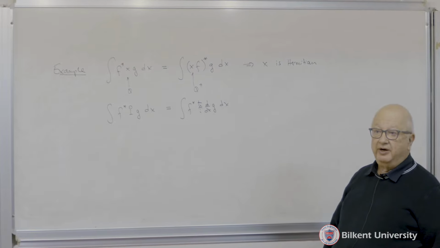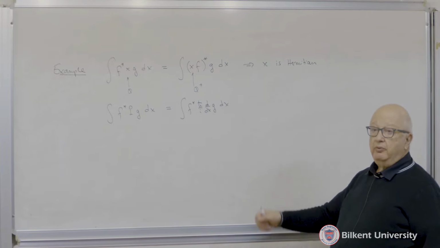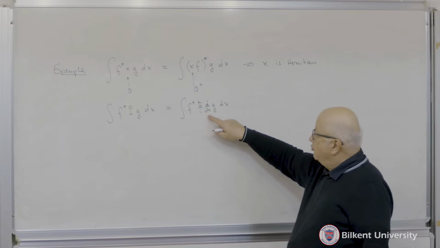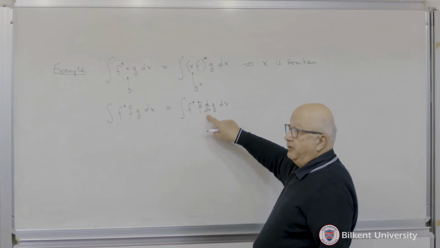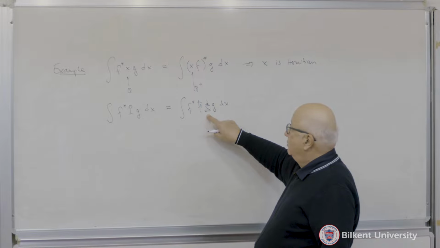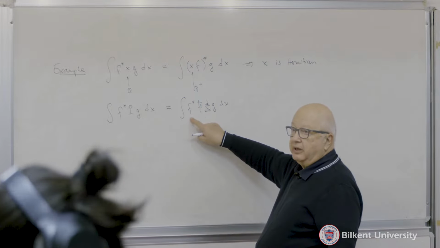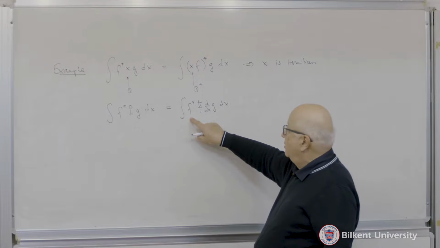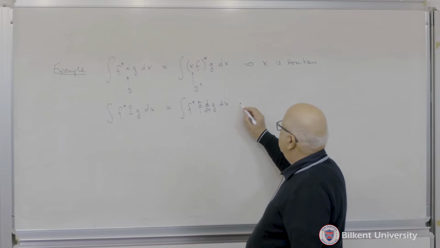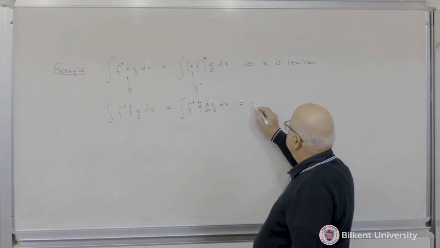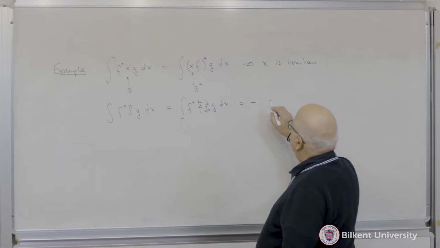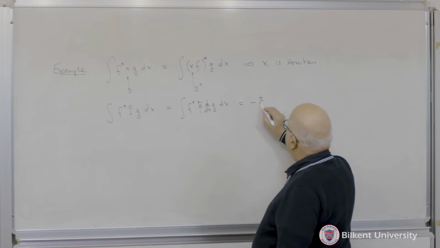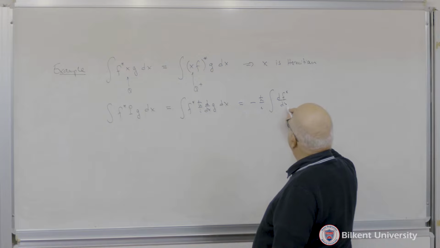I can do my integration by parts, which moves the derivative from g to f, but I get a minus sign because of the integration by parts. So I'm going to get minus, let me put the h bar over i out, d f star/dx times g dx.